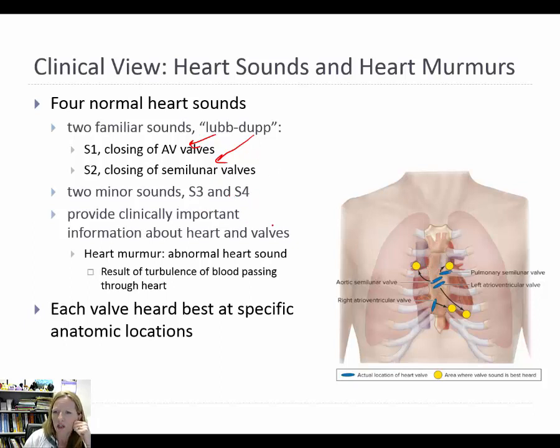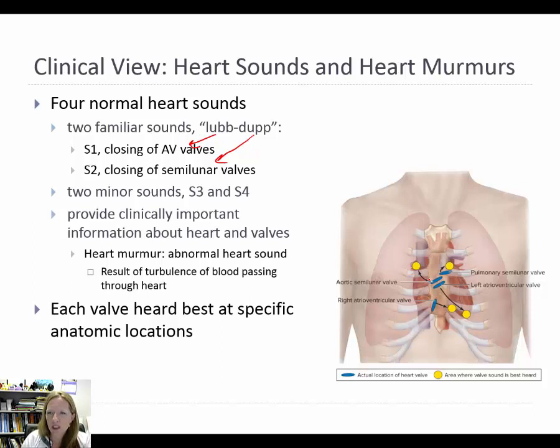So doctors can diagnose heart murmurs and other information about the heart and the valves, but one of the most common things that they can hear is a heart murmur, which is an abnormal sound. What the doctor is hearing is the turbulence of the blood trying to pass through the heart or the valves.